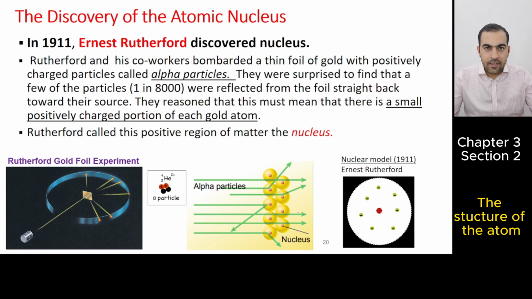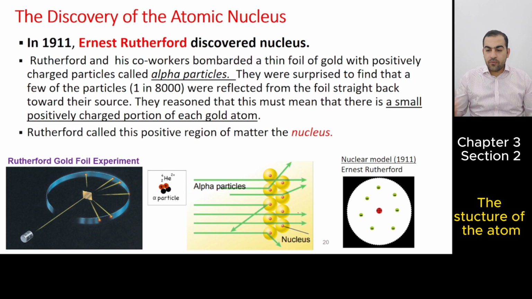So in 1911, Ernst Rutherford discovered the nucleus. Rutherford and his co-workers bombarded a thin foil of gold with positively charged particles called alpha particles.